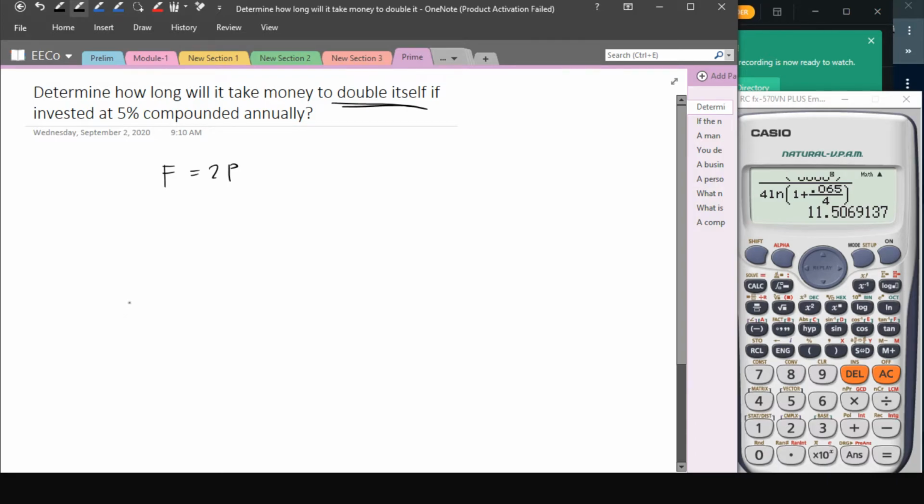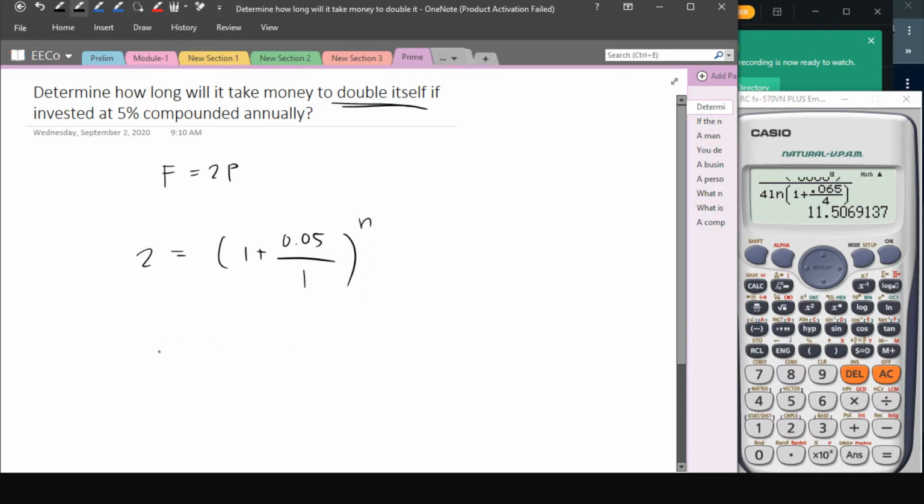Meron dyan, double itself. Okay? Compounded annually. So, may binigay na 5% compounded annually. So, F is equal to 2P. Ica-cancel na yan: 2 equals 1 plus 0.05 divide by 1, raised to n.